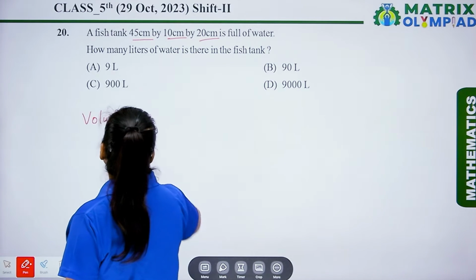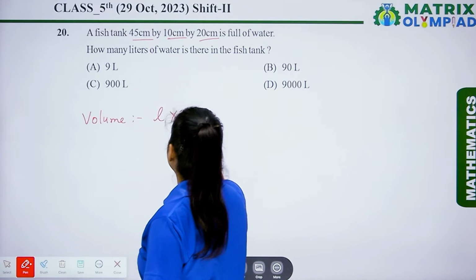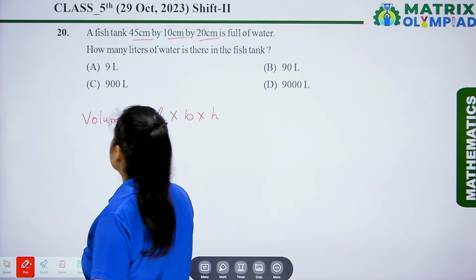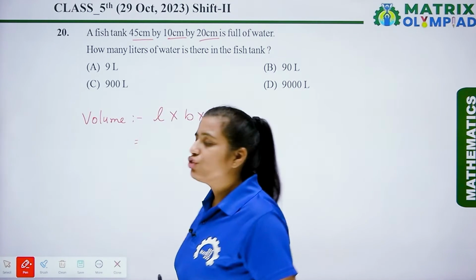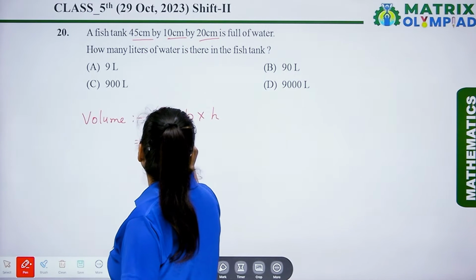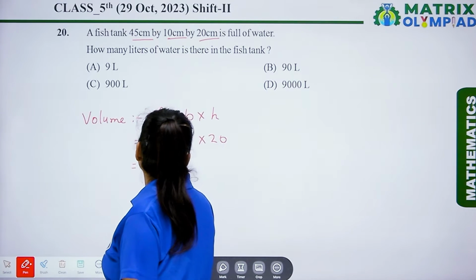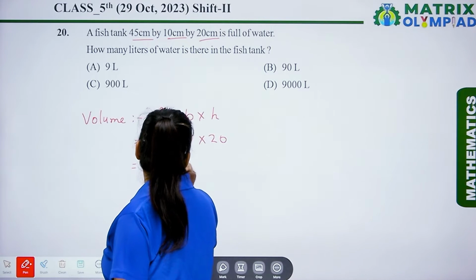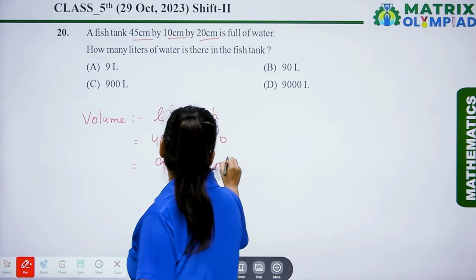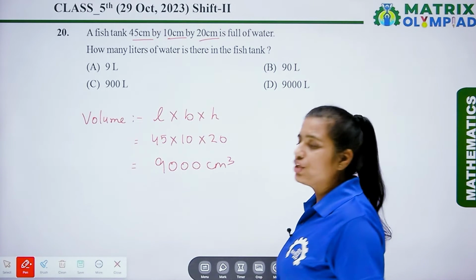Here the volume of the tank is length multiplied by breadth multiplied by height, because the tank is in the cuboidal shape. So here 45 multiplied by 10 multiplied by 20 is 9000 centimeter cube. So this is the total volume of the fish tank.